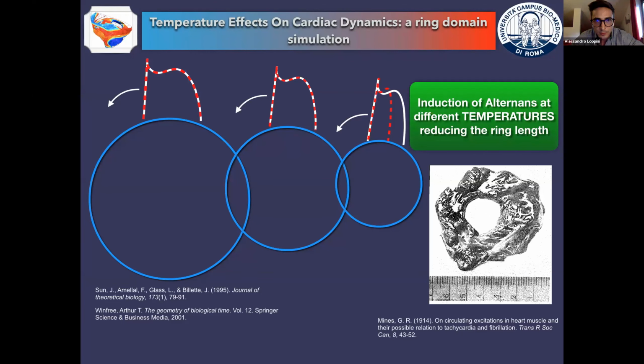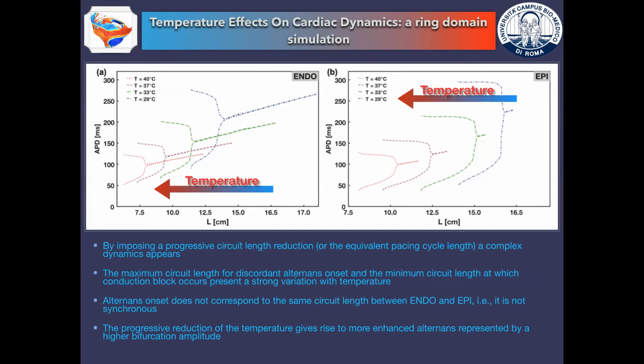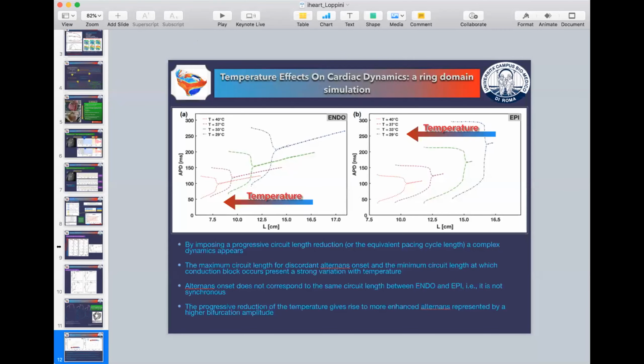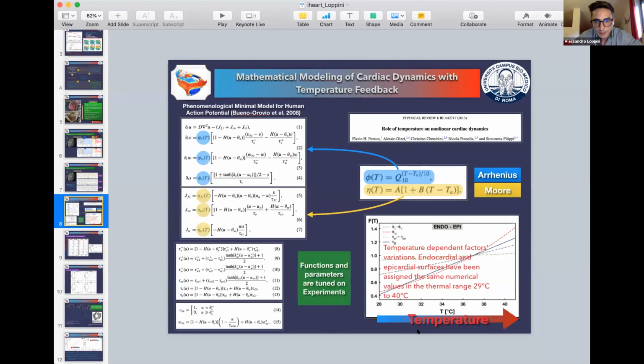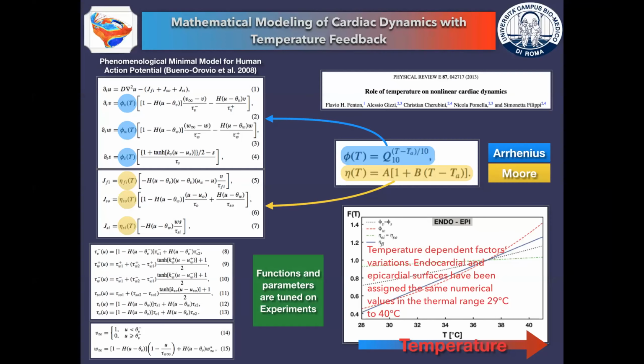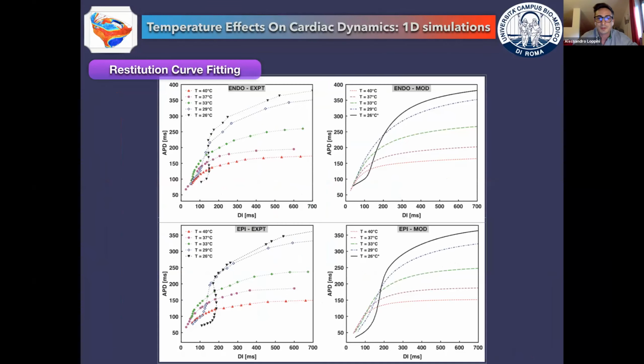Let me try to restart again. Can you see the video now? Someone can see the video. Maybe not everyone. Let me try to restart the presentation. Okay, thank you. Is it okay now? Yeah, perfect. Okay, sorry for the problem.